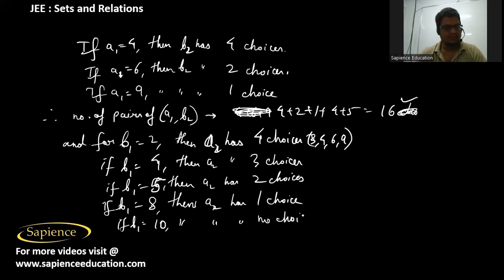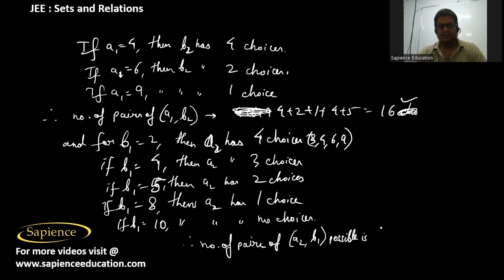So therefore the number of pairs of (a2, b1) that is possible is 0 plus 1 plus 2 plus 3 plus 4, that is 3 plus 3, 6, that is 10 choices, 10 pairs.